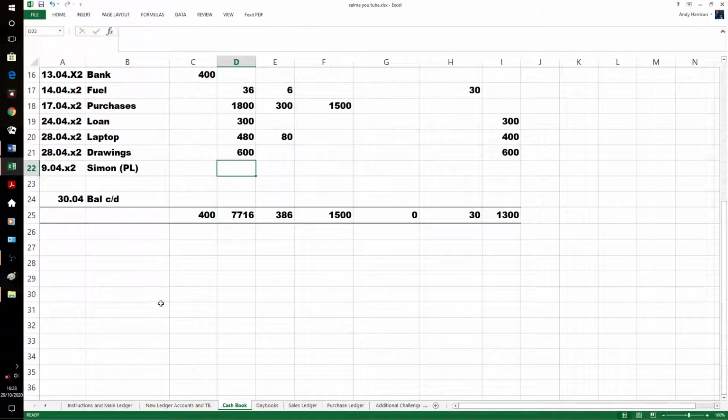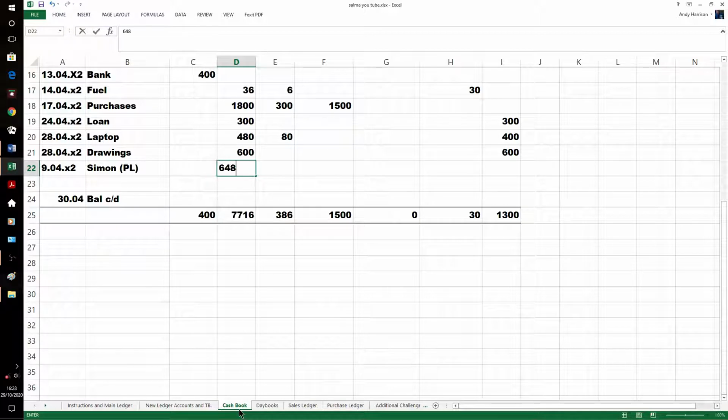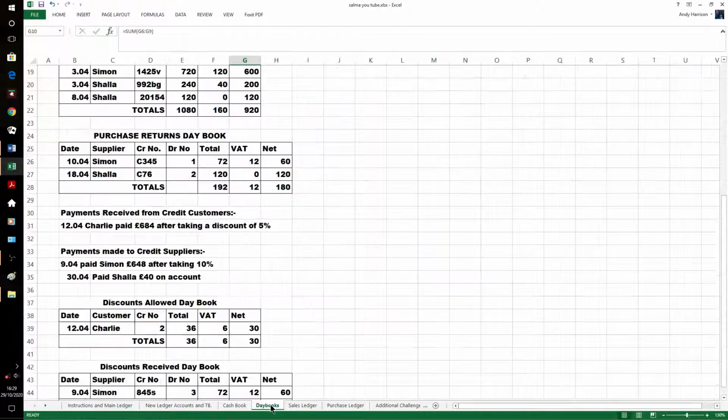It will be going out to there, and I've forgotten how much, 648. And we've got to remember that it's a payable. So on the 30th we paid Sheller £40 on account.